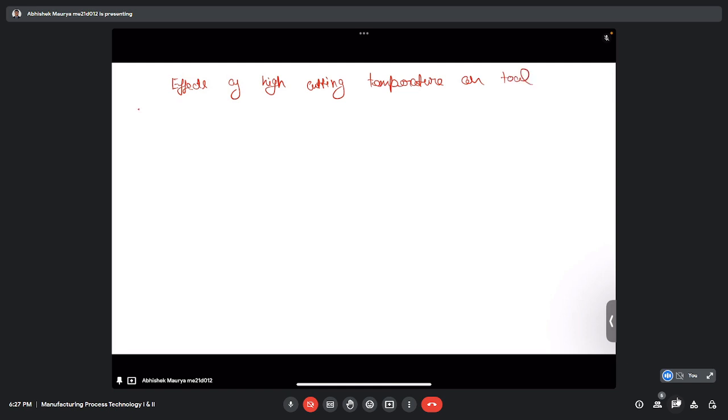The first one is, if temperature is very high, then tool wear happens rapidly, and that is not economical for us. We want tool wear to happen slowly, or we can say we want longer tool life. So the first detrimental effect is rapid tool wear.